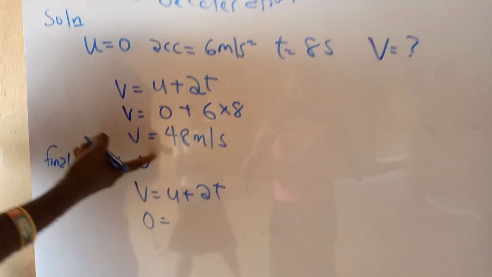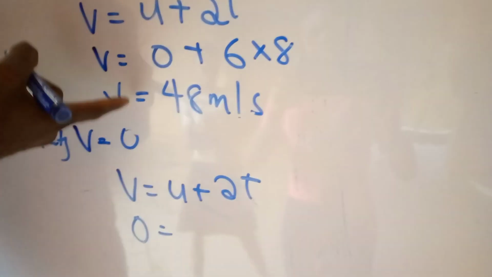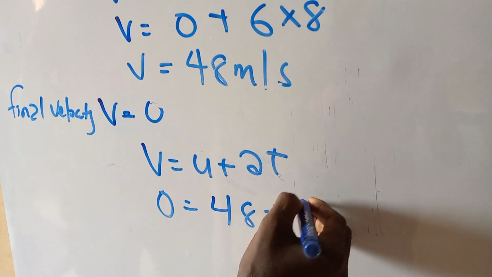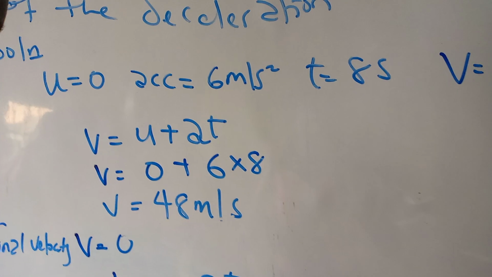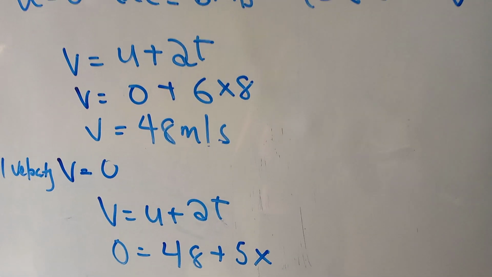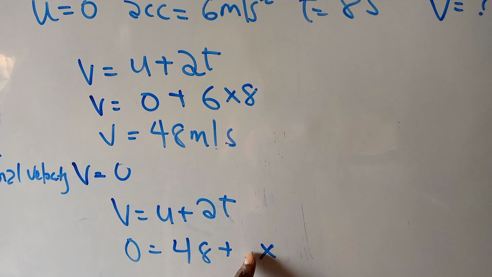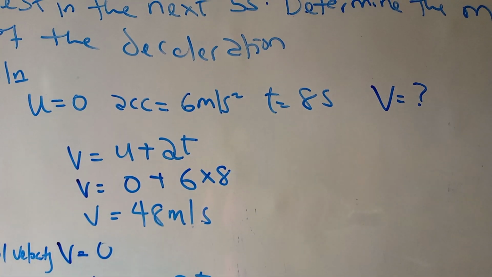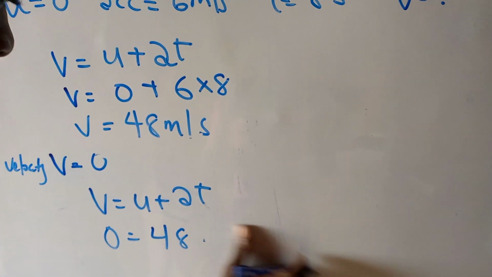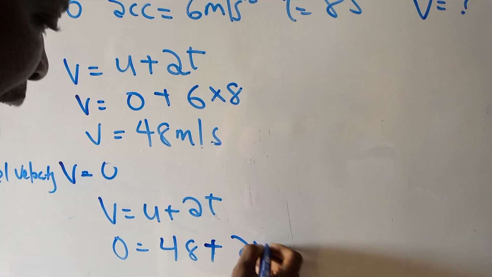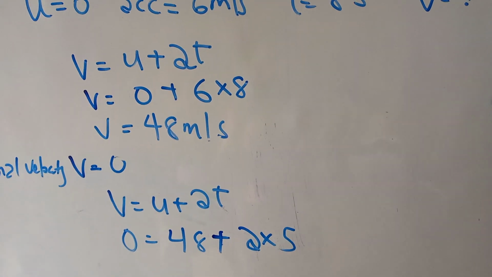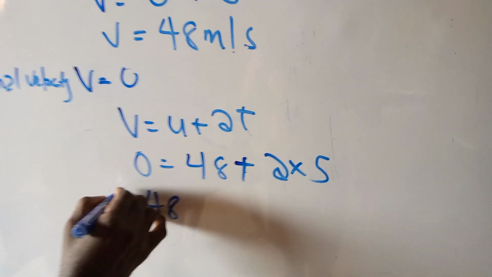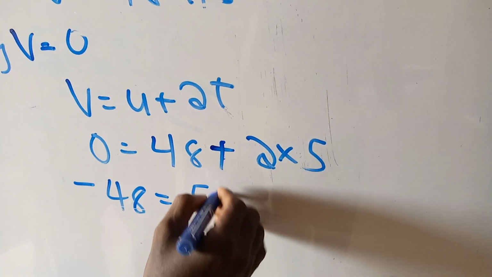The initial velocity is now the final velocity we got from the last calculation, so that's 48, and the time is 5 seconds. So 0 equals 48 plus a times 5. Now 48 will come to this side, which is minus 48, equals 5a.